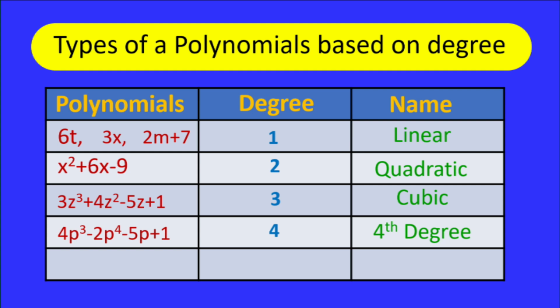So we should read all the terms, then decide the degree of the polynomial. Now see this polynomial. What is the degree of this polynomial? Where is the highest exponent of this letter r? Yeah, it is a fifth degree polynomial. Obviously the name of the polynomial is fifth degree.